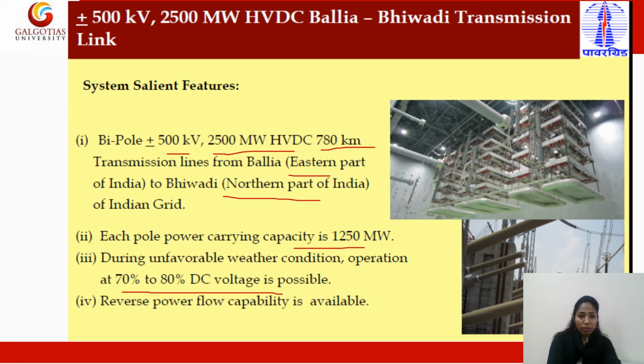That is the maximum voltage we can have at the DC side. Reverse power flow capability is also there. We can transmit power from Bhiwadi to Balia also, so reverse power transfer capability is possible in this project.